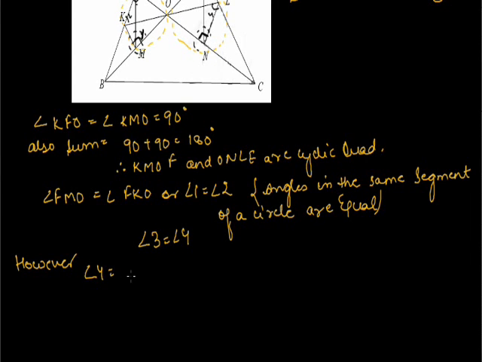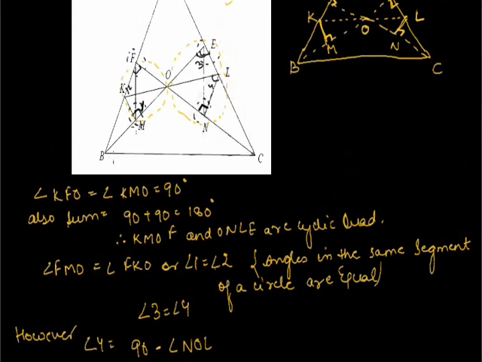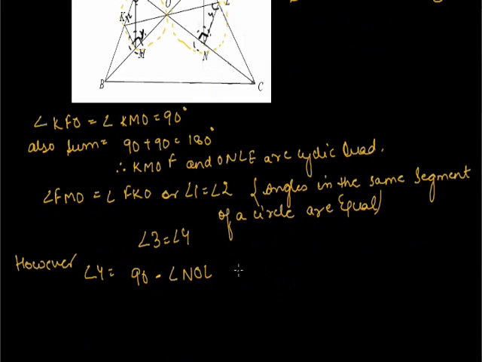OLN, is equal to 90 minus angle NOL. If I see in the triangle OLN, एंगल 4 को मैं लिख सकती हूँ 90 माइनस NOL, ओके, which is equal to angle 3, which I can write 90 minus angle NOL.